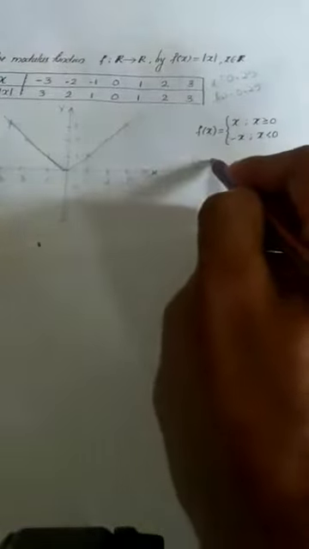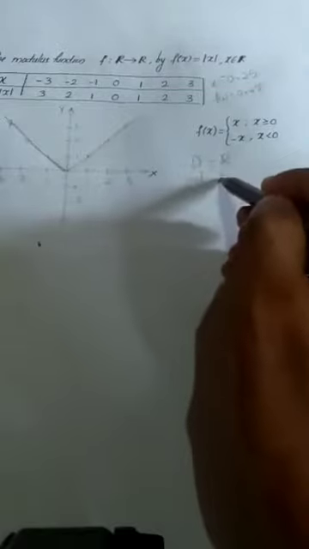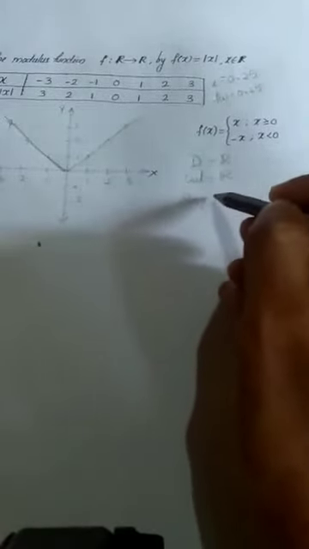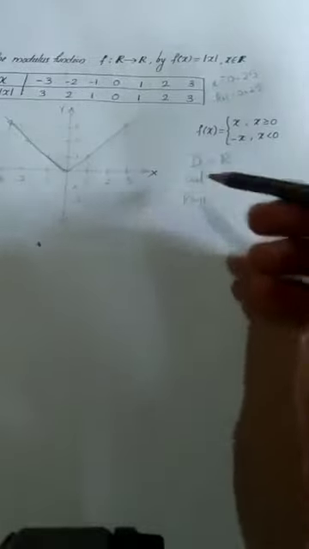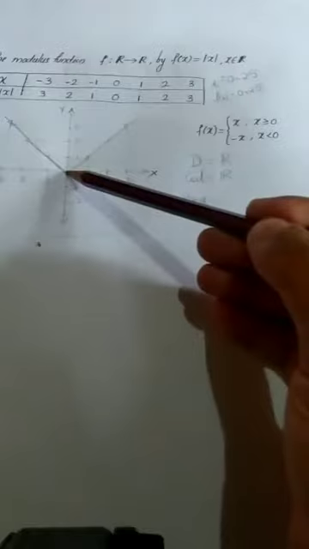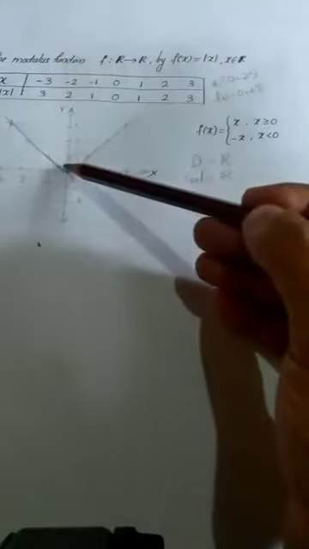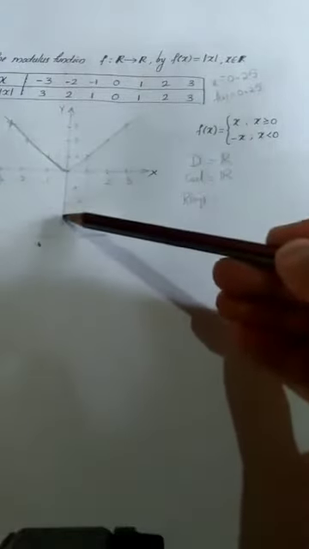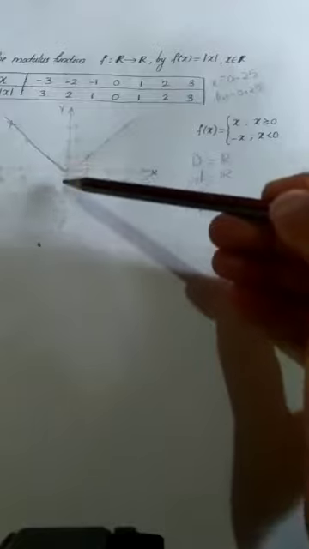So look at here, domain. What is domain? Set of all real numbers. What is codomain? Set of all real numbers. What is range? Here it is starting from 0. Then 1, 2, 3 like this. We cannot find an image in the negative part.